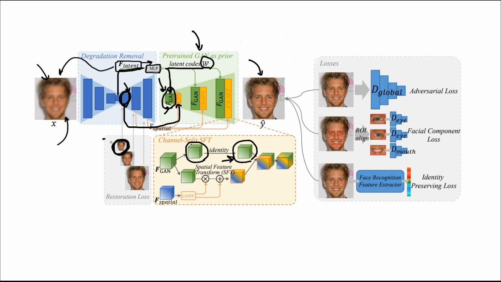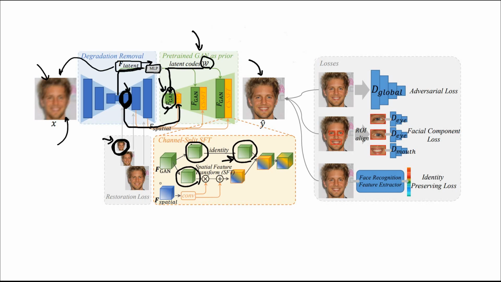It will try to predict this low resolution image. We will try to combine this thing here, which has information about a very low resolution version of our original image, with the features from StyleGAN. So we will combine it with this part of the feature map, with these channels here.